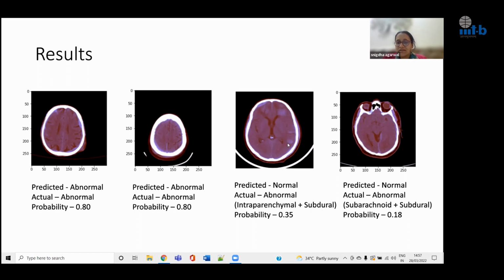Here, since the intraparenchymal data was not provided to the model, it was not able to do a good job. The final one is again a misclassification. We predicted this as normal, but the actual is abnormal, where the majority portion is a subarachnoid hemorrhage and a smaller portion is a subdural hemorrhage. So we couldn't identify the hemorrhage in this case. We are working on improving this model further.